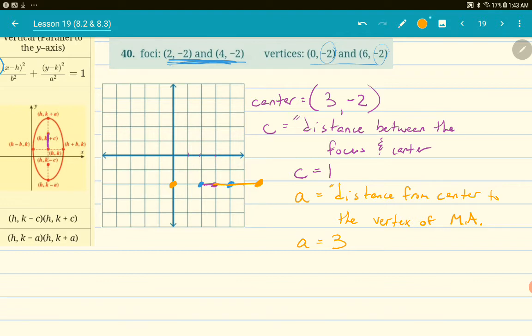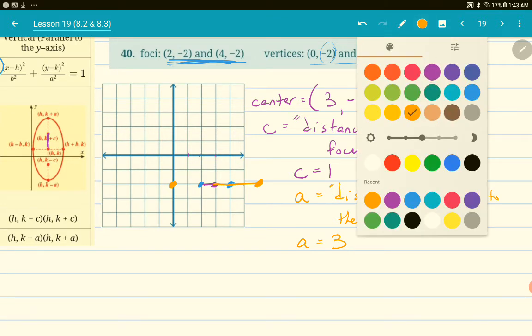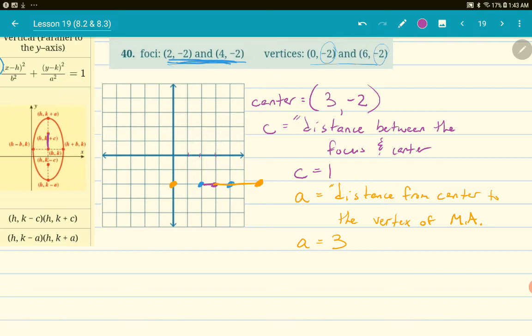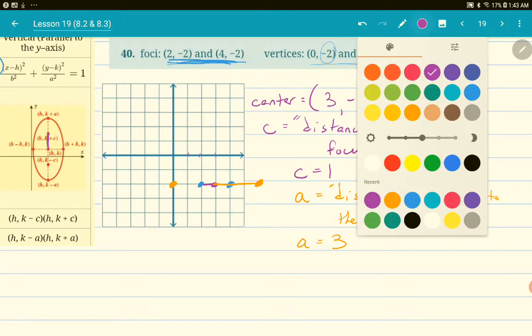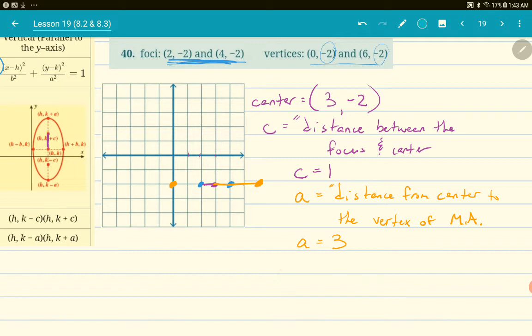So then I can get b. I already know the width of this ellipse. I need to know how high it is. How much do I count up and down from that center? So I need to find b. Remember our relationship is c squared equals a squared minus b squared.